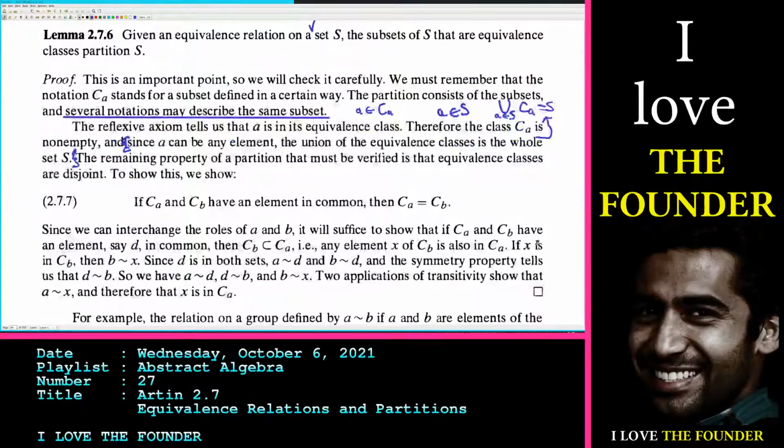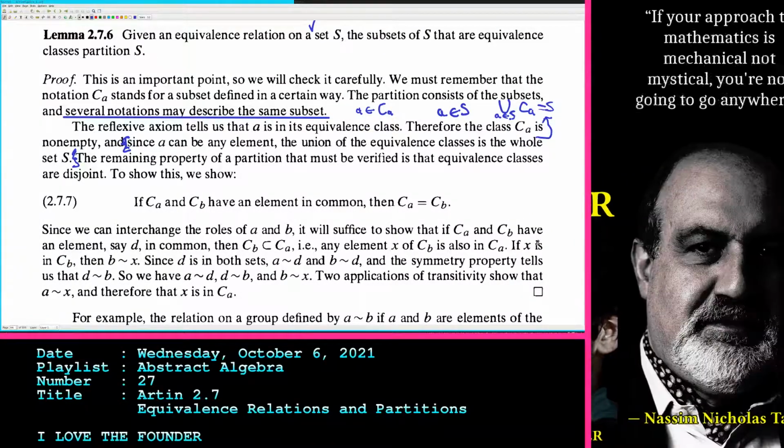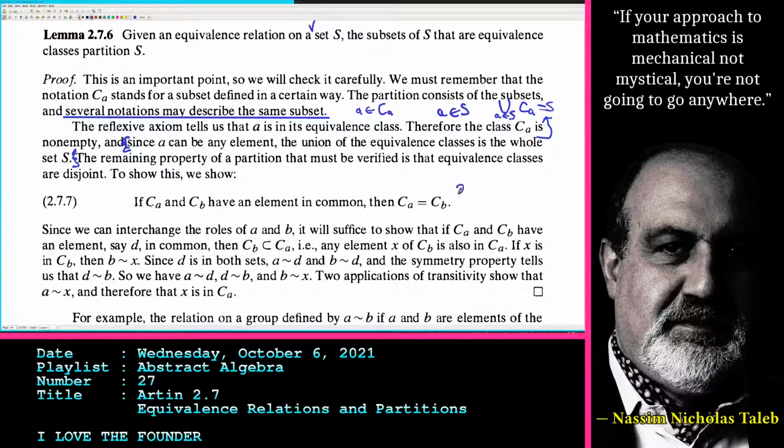Okay, and that's what he's going to show. If CA and CB have an element in common, then CA equals CB. So this is very similar. This reminds me of 2.5.7, which we just looked at, which was proving that if A is in ZB, then ZA is equal to ZB.